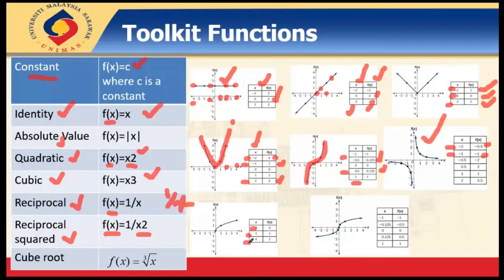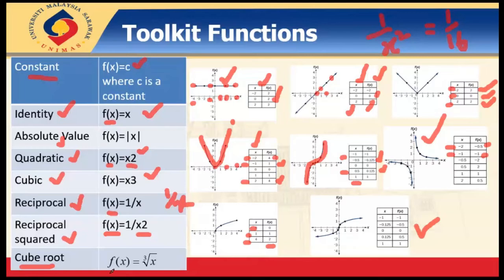But if 4 is the input, then it will become 1 over 4 square, which is 1 over 16. Why does it become like this?